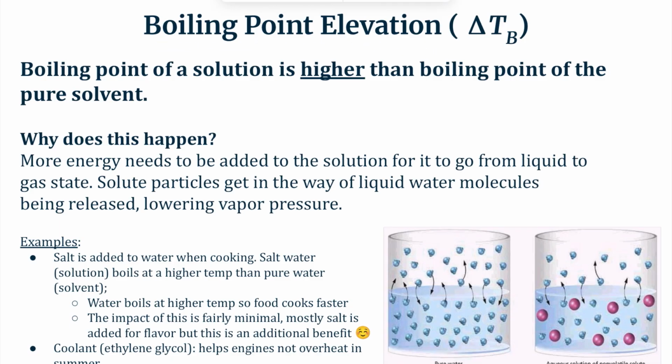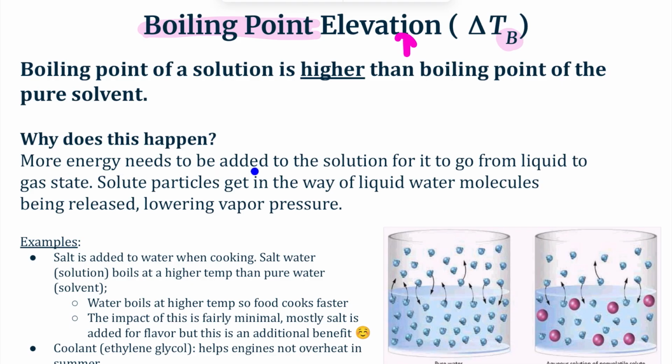So for boiling point elevation, the boiling point temperature is going to go up, elevate, for a solution. And so the boiling point of a solution is higher than the boiling point of the pure solvent. And why does this happen?